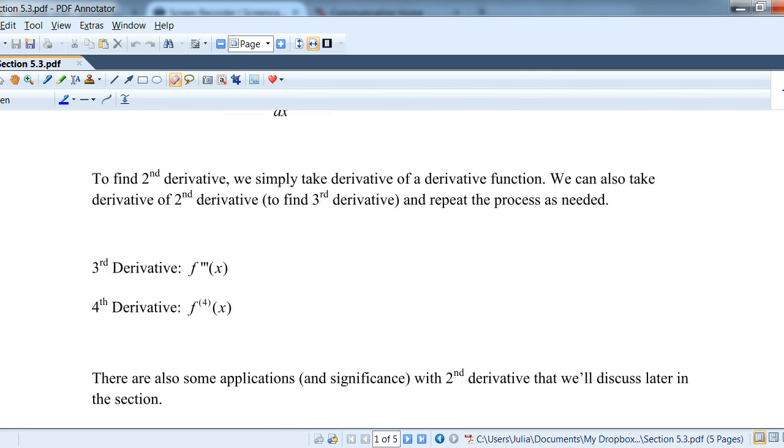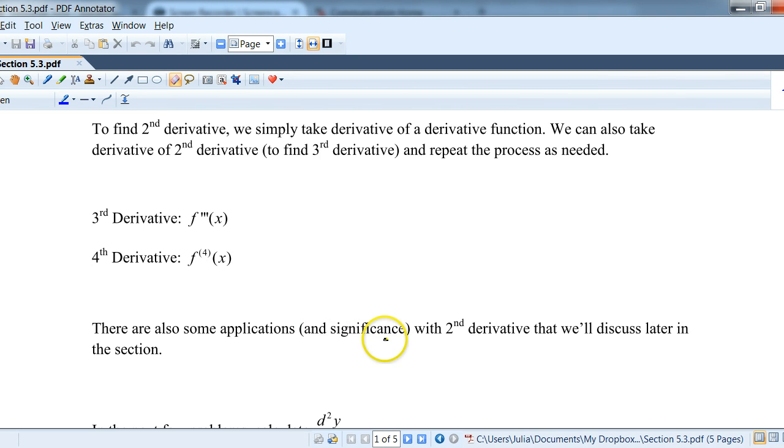So you can keep going down, but I think you get less information. Second derivative gives us a lot of information. Third and fourth, it depends on what you're looking for. You can do that as exercise, but mostly we'll stick with second derivative with some applications and a lot of significance, and see what happens there.